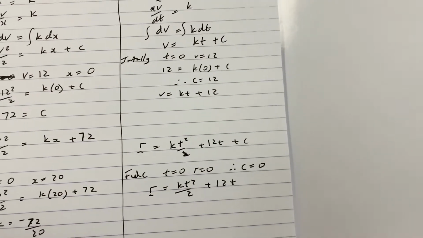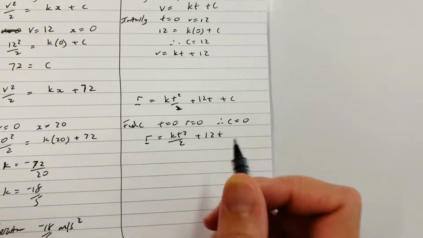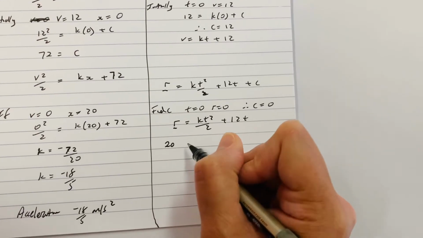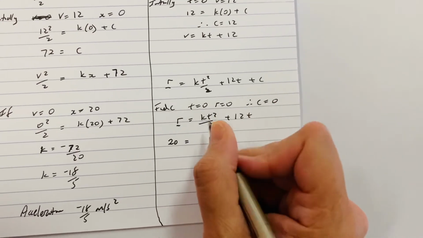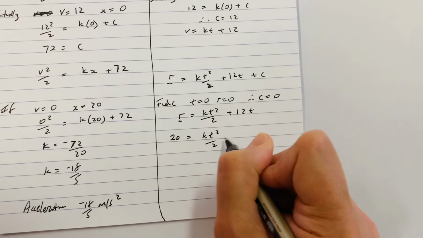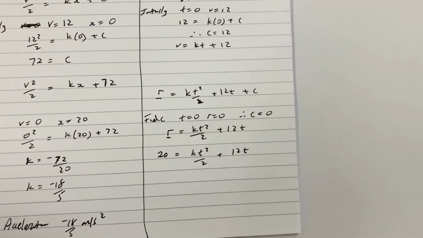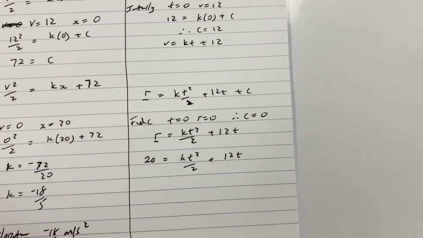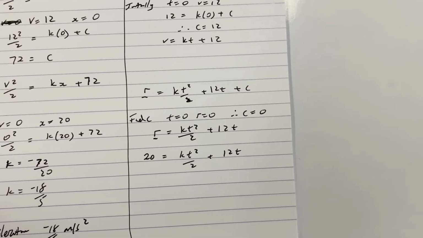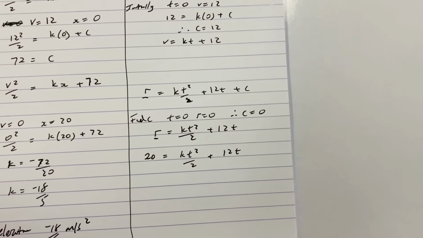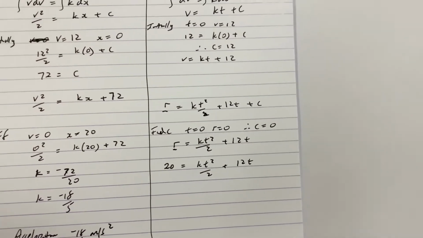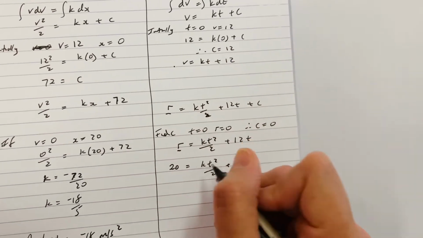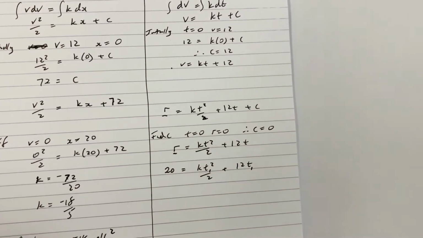So v is 12 and t is 0. So we go down here and we go, okay, when our position is 20, we get kt squared on 2 plus 12t. We don't know what t is. Now if I go back to my velocity, let's call this t1, because that's what we want to find.